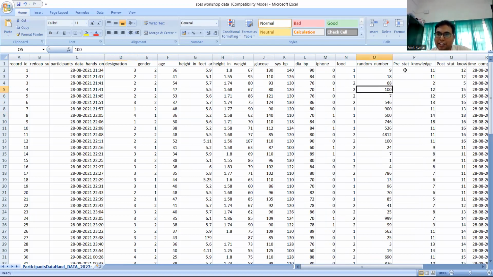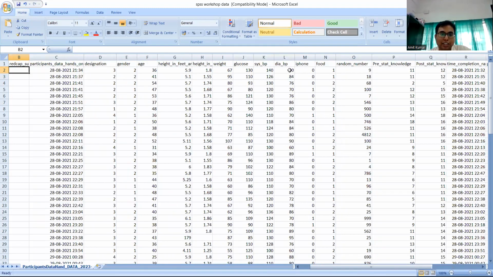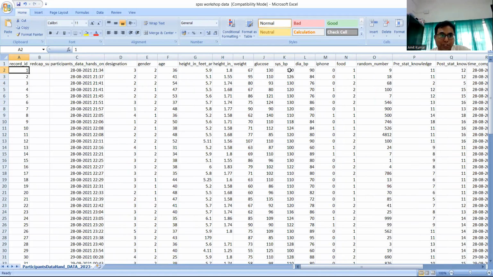One questionnaire was also given to know their statistical knowledge before appearing at the workshop, prior statistical knowledge, and after the workshop I again asked the same question. Then this was the response from the workshop participants. That data I have collected from them, or from this data set I will use for doing the statistical testing in the SPSS.